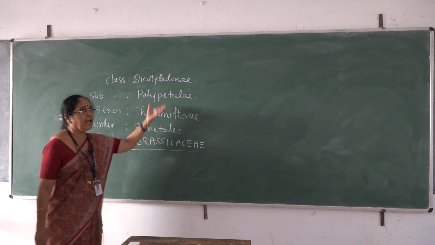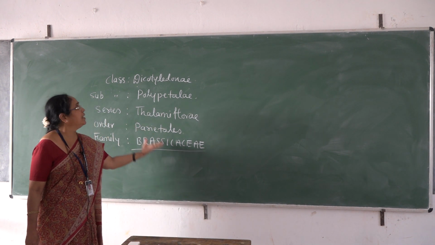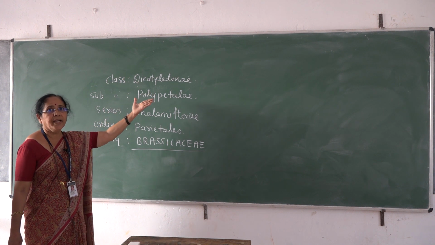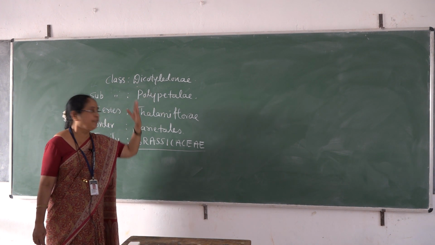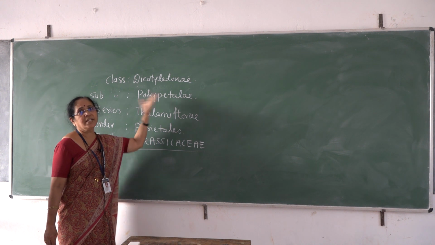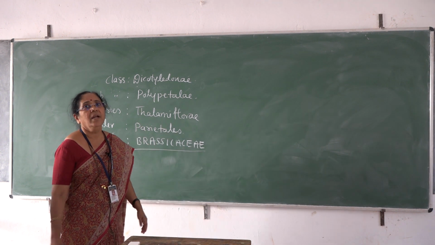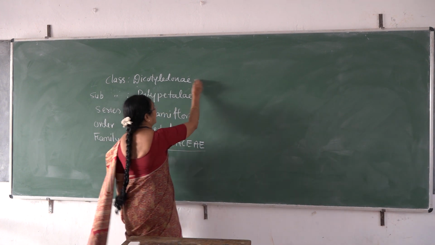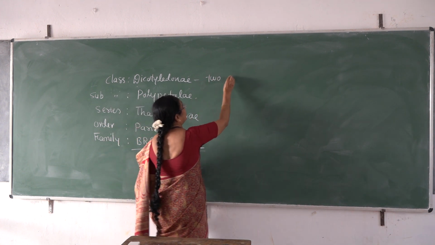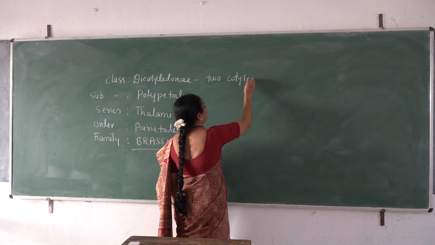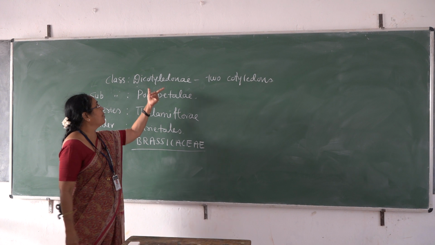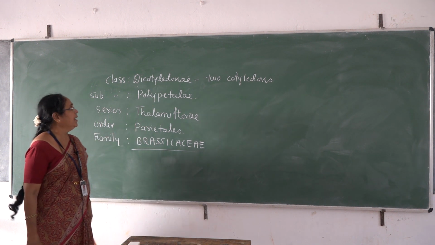And the reason for classification, why this Brassicaceae is under the class Dicotyledonea: all of you can make out the families which fall under the class Dicotyledonea. They are characterized by the two cotyledonous seeds. The seeds are having two cotyledons, right? All families with seeds with two cotyledons are brought under the class Dicotyledonea.